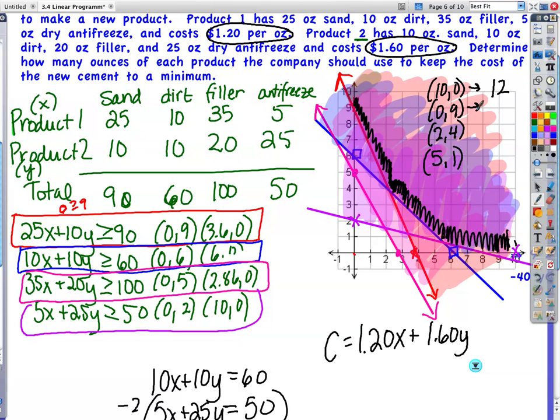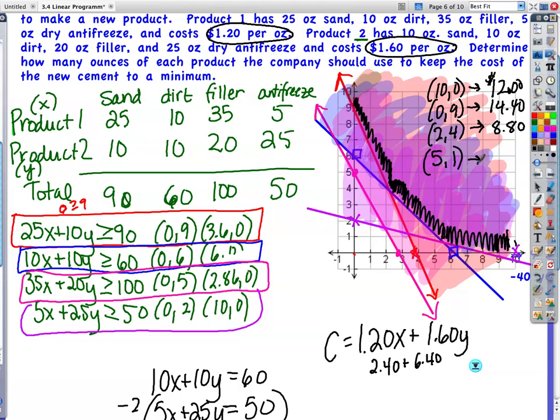All right, for 0, 9, I put 9 in for Y. 9 times $1.60 is $14.40. If you put in 2 for X, that's $2.40, and if I put in 4 for Y at $1.60, that's $6.40, so that's $8.80.